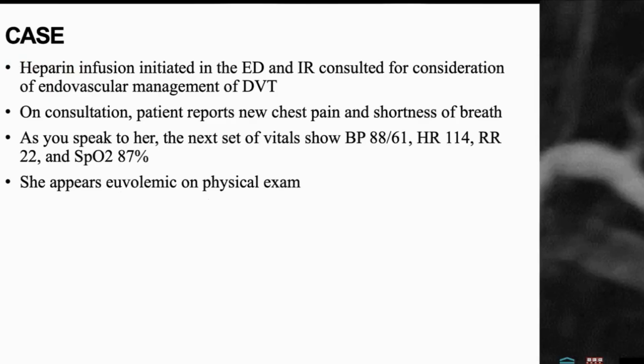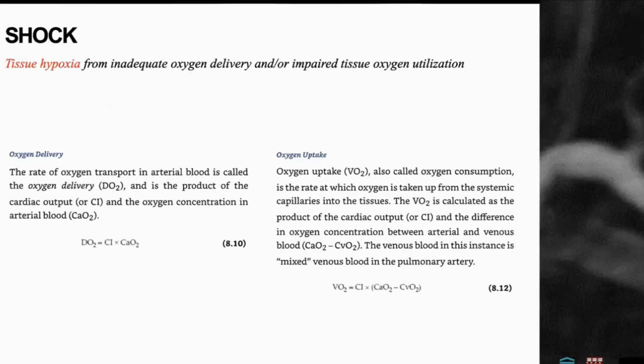This person has a DVT, but now you've noticed that she's developed chest pain, shortness of breath, but most concerningly, her blood pressure is dropping. Let's say this is not a normal blood pressure for her. So immediately when you notice some sort of acute change in blood pressure that's going down associated with tachycardia, in your mind, light bulbs have to go off for shock, right? This lecture is about shock, and namely obstructive shock.